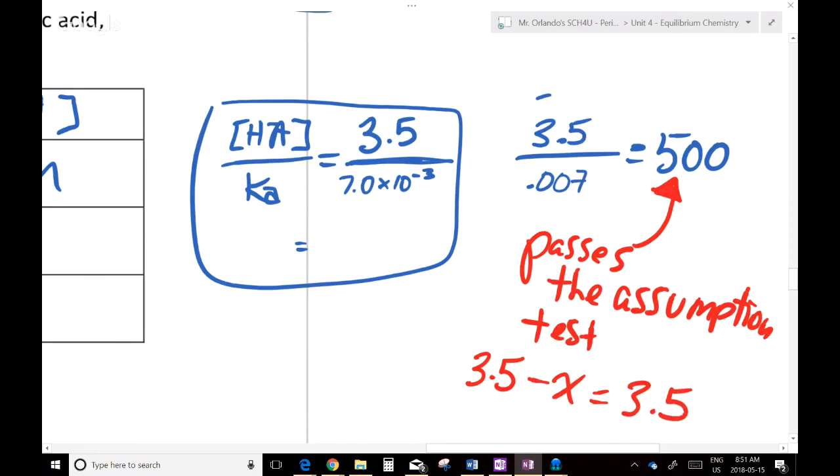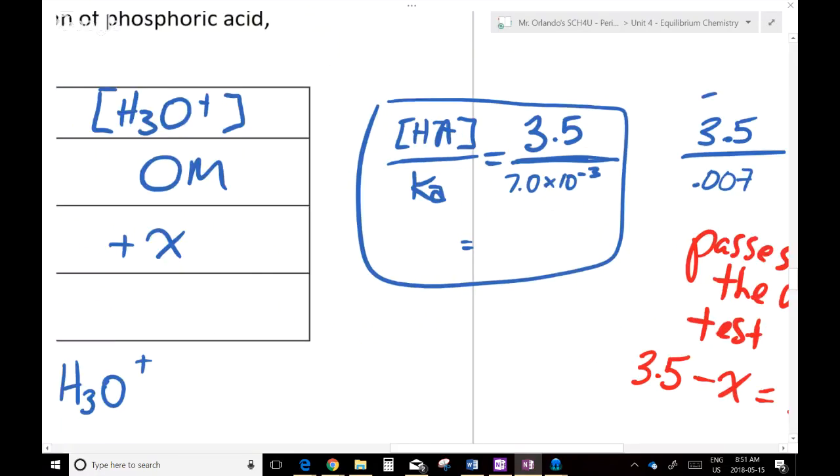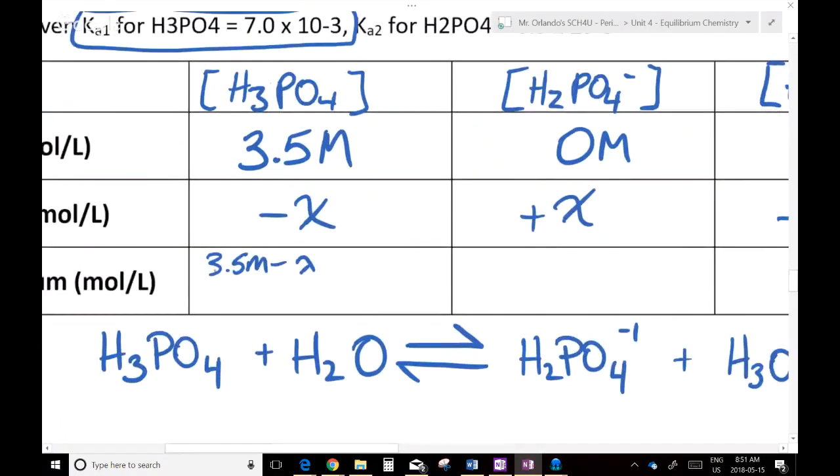Within our number of significant digits, this number isn't going to change. Does that make sense? Tell me if it doesn't. What that lets us do for this table is beautiful, because we can say that this is just going to be 3.5. And that is going to make solving this a whole heck of a lot easier.